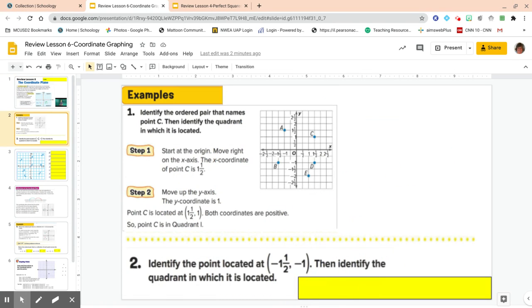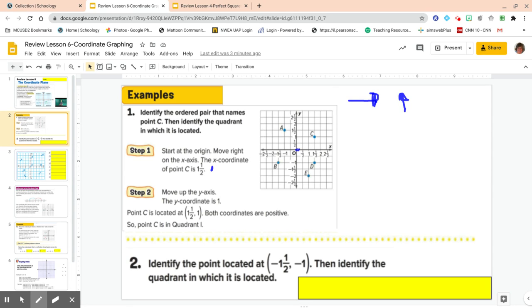So we come up to our next slide. And so we are going to plot points. And when you do that, you will start at the origin every single time. And we are going to go over on the x-axis first, then we go up and down. So our first point here, we want the point 1.5, 1.